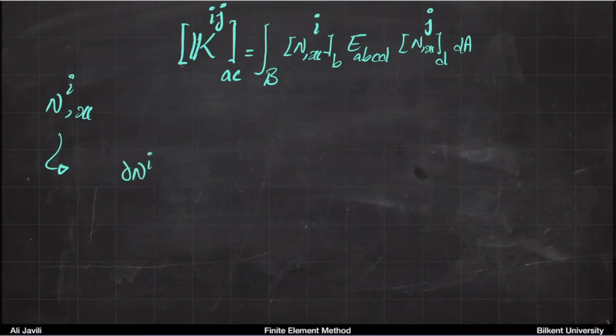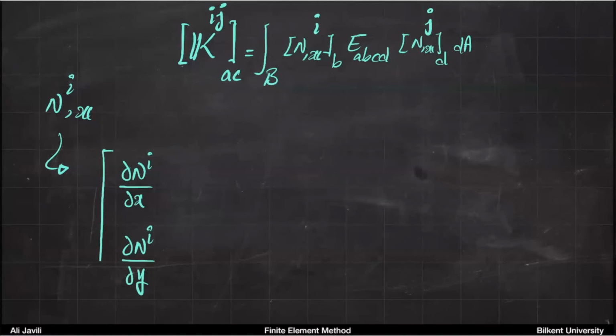It's the derivative of N_i with respect to x1, which is actually your coordinate x, and then the derivative of N_i with respect to x2, which is your coordinate y. So this thing itself is a vector. That's the first thing we should not forget.